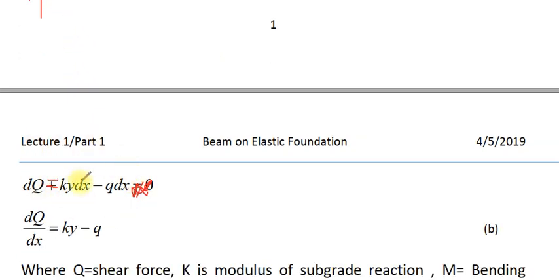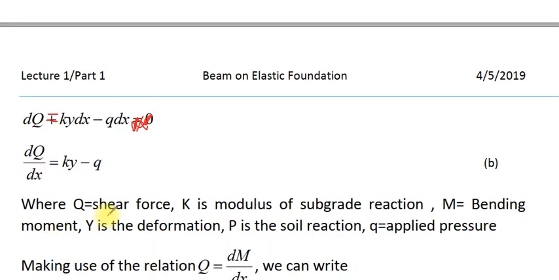Now divide the equation by dx: dQ over dx equal to Ky minus q. Where Q is the shear force, k is the modulus of subgrade reaction, y is the deformation in vertical direction, p is the soil pressure, soil reaction, q is the applied pressure.